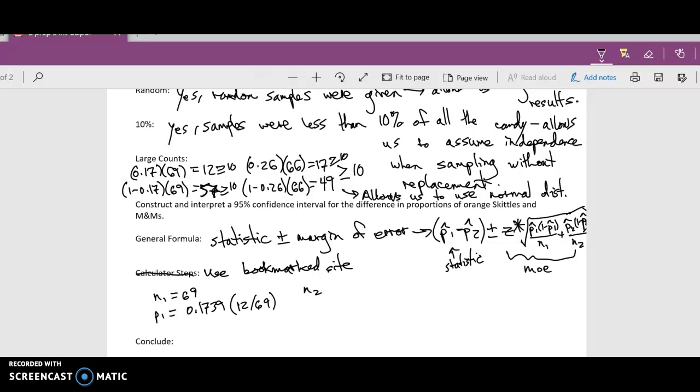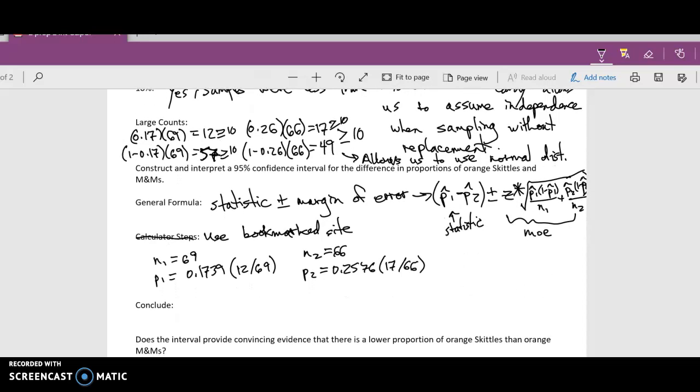N2 is 66. And P2 is 0.2576 because it's 17 divided by 66. This is going to give us a confidence interval of negative 0.222, comma 0.0596. I think that's a 9. We'll double check though.